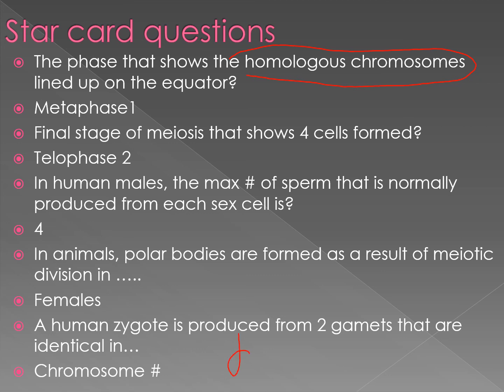Why? Because it is diploid. We get 1 haploid plus 1 haploid, giving us the diploid. So that's 23 chromosomes plus 23. It's going to give us 46 for a zygote.